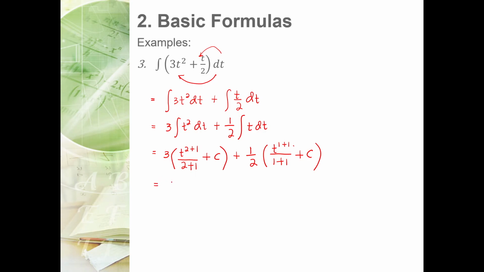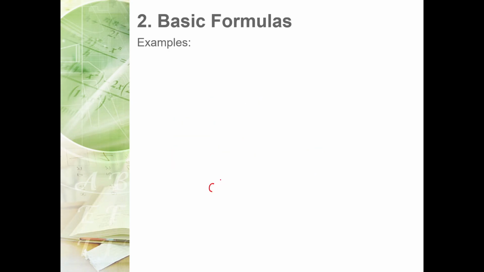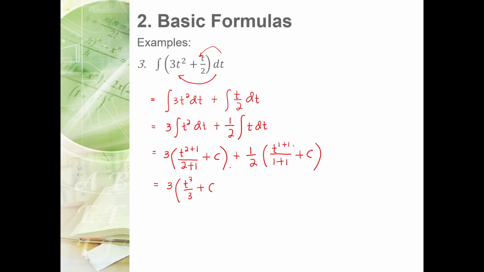Okay, so finalizing your answer, we have 3 times t cubed all over 3 plus c, then plus 1/2 times t squared all over 2 plus c.